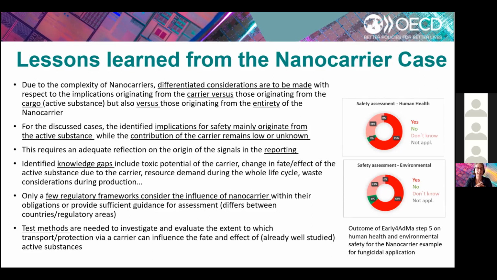For the discussed cases, the identified implications for safety mainly originate from the active substances, which are mainly well known, while the contribution of the carrier to the signals remains low or unknown.